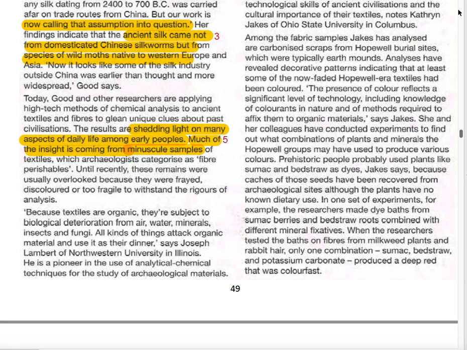So let's move on. Okay, until recently remains were overlooked because they were afraid. Okay, look at this. Biological deterioration from air, water, minerals. So the surroundings, I remember. Texts look, they are subject to all kinds of analytical. Okay.